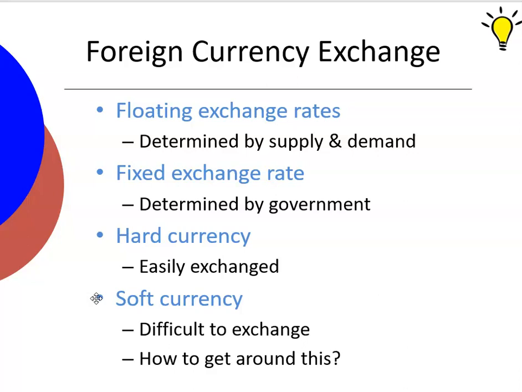Okay, but if I'm a U.S. company in Russia, and I want to get my money out of the country, how do I do that? Let me exaggerate and say, well, the Russians only allow you to exchange $15,000 a year, 15,000 worth of rubles. Well, if I'm making millions of dollars, I want them out. I want them in the U.S. I want them to be elsewhere so I can invest them. What do I do?